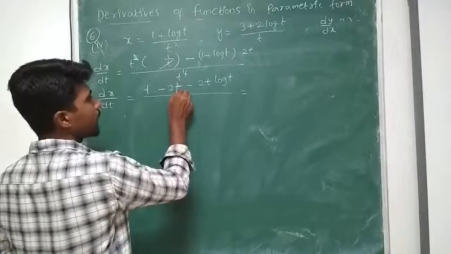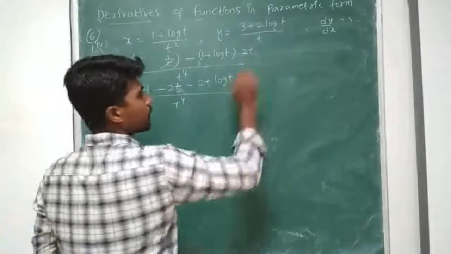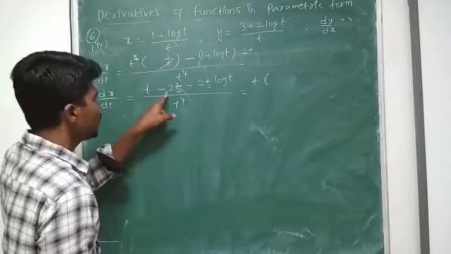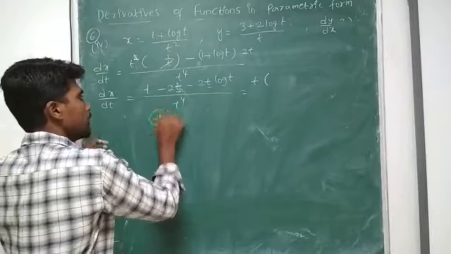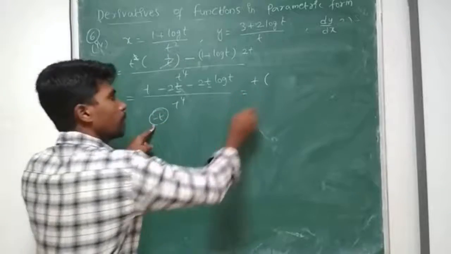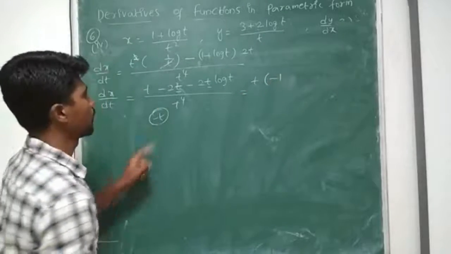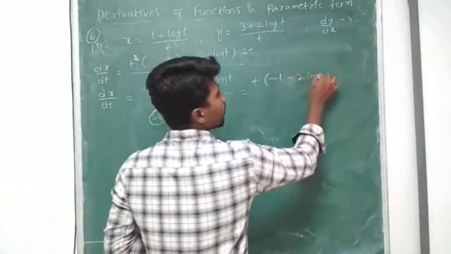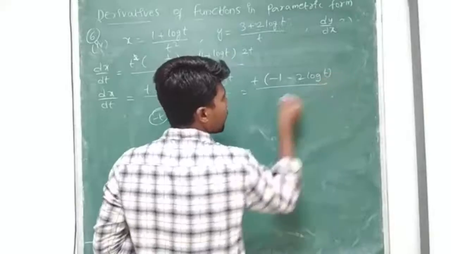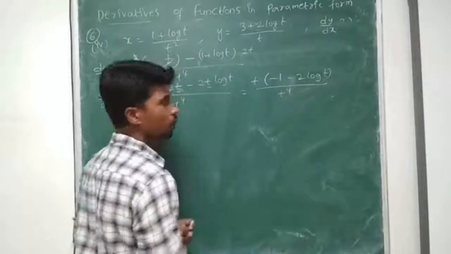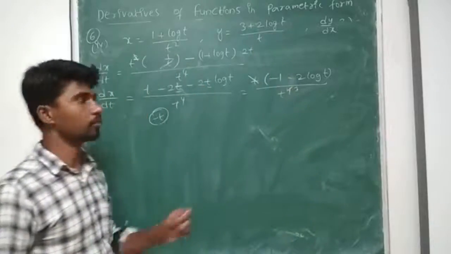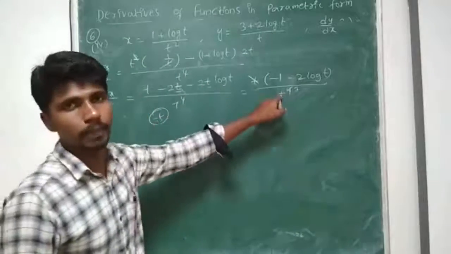Now if I take t common, t minus 2t minus t, and I took t common, so remains minus 1, minus 2 log t, by t to the power of 4. So t and t to the power 4 cancel and we get t cube. This is nothing but dx by dt.